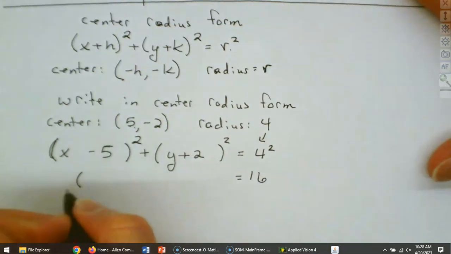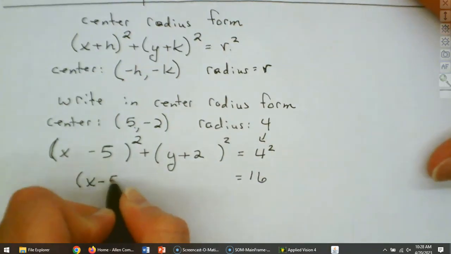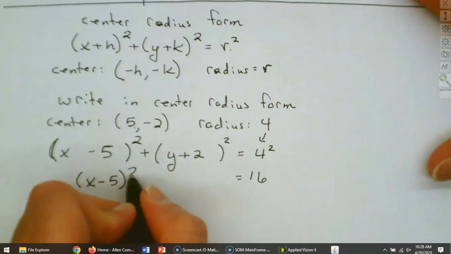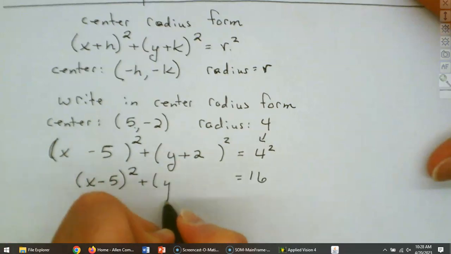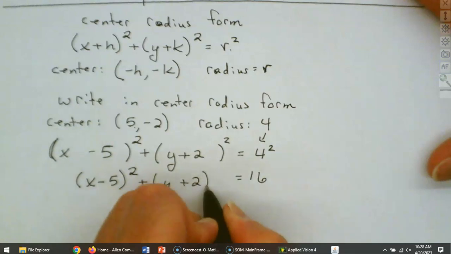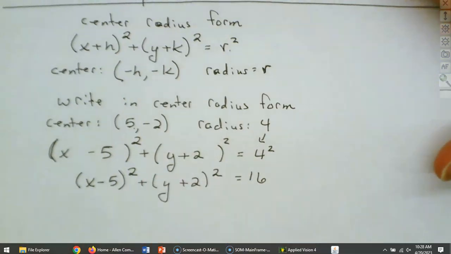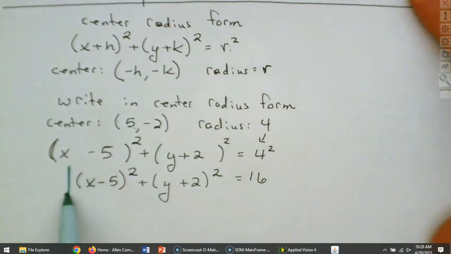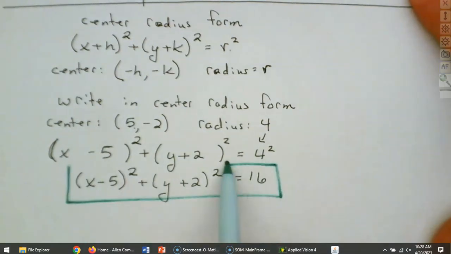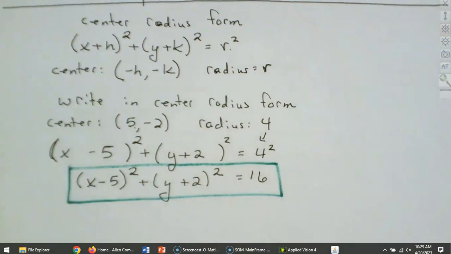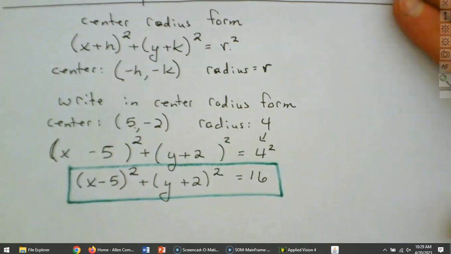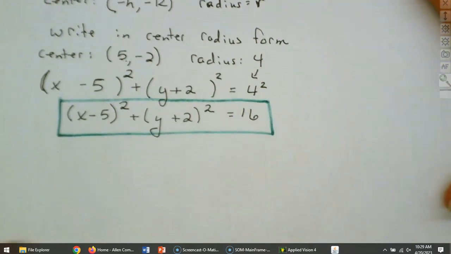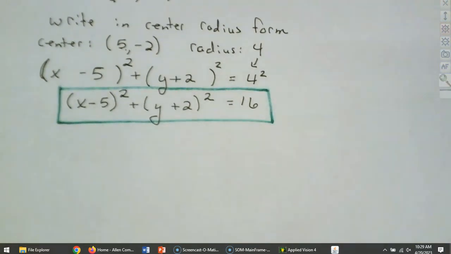So in center radius form, this would be x minus 5, quantity squared, plus y plus 2, quantity squared, and it doesn't equal 4. Very important you see it equals 16. So we have to square it. Let's do another one. Then we'll do the opposite and we'll graph a few of them.